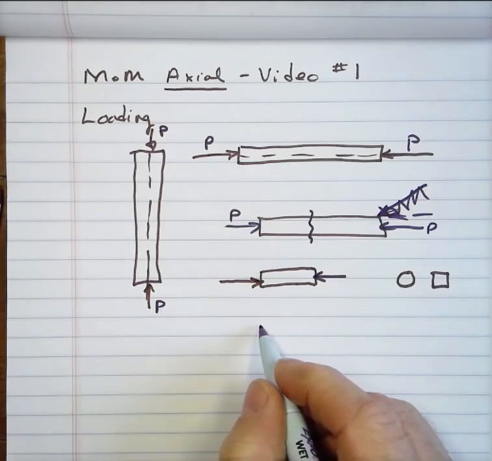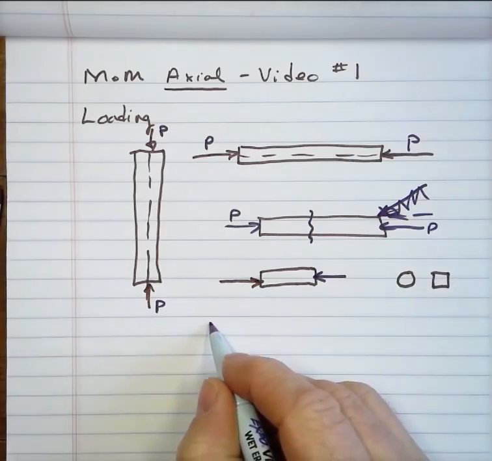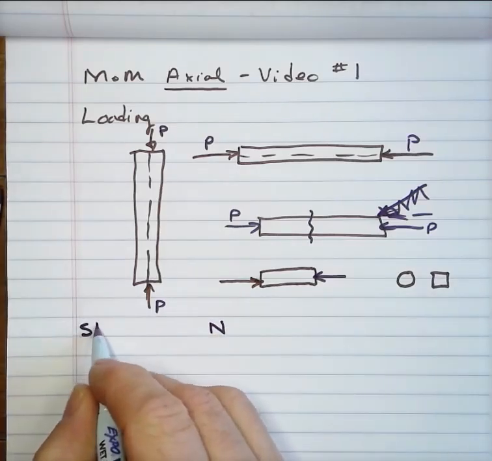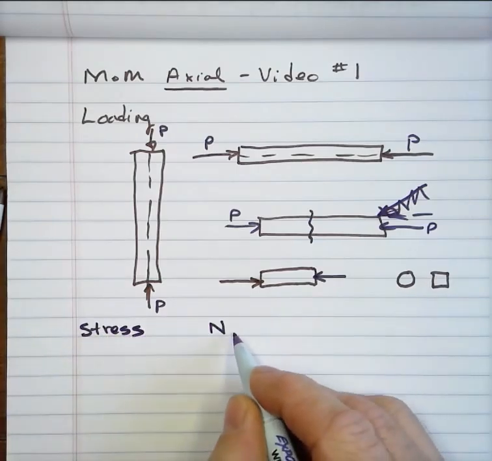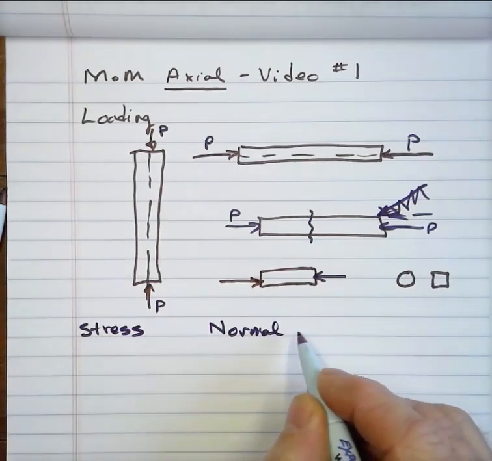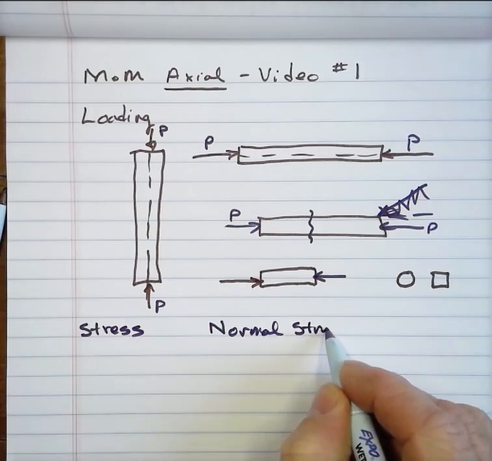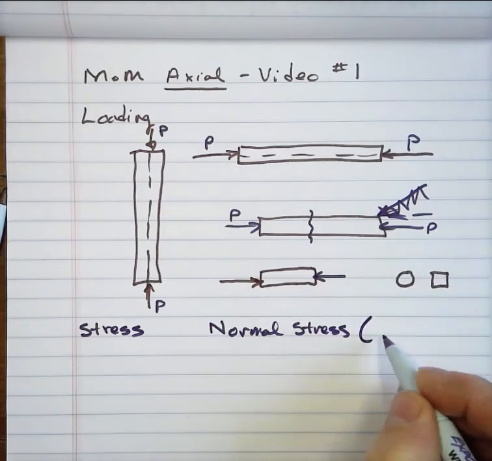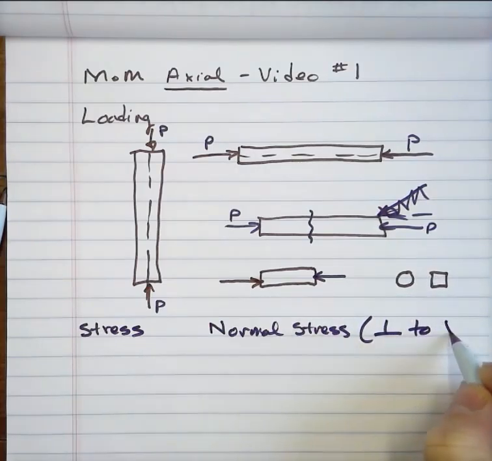The stress is a normal stress. So now we're talking stress. It's normal stress. It is perpendicular to the cross-sectional area.